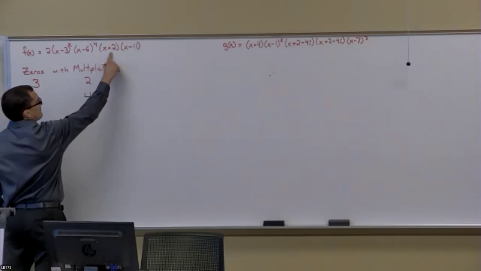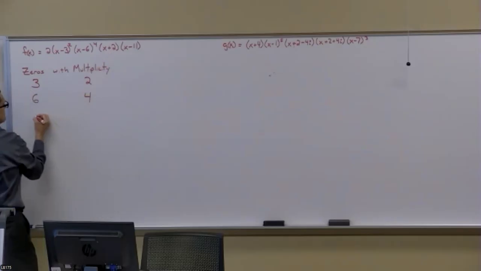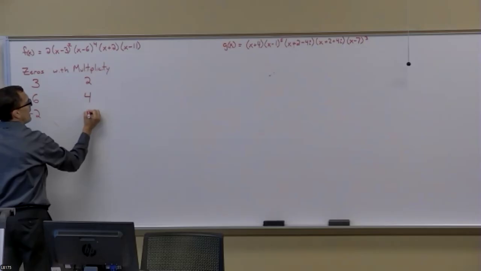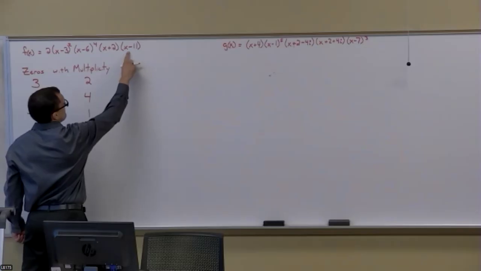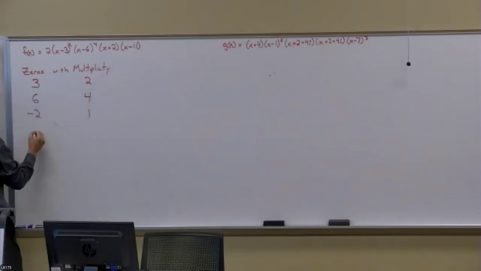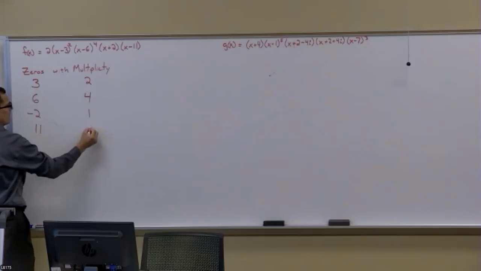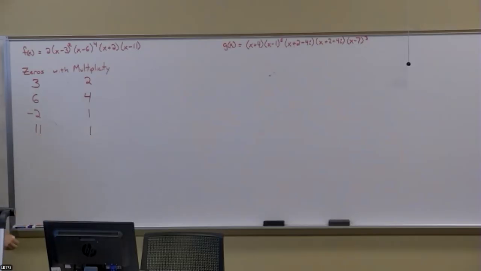This factor of x plus 2 corresponds to a 0 of negative 2. And it has multiplicity of 1, because it just occurs once. And then lastly, x minus 11 corresponds to a 0 of positive 11, and that has multiplicity of 1.